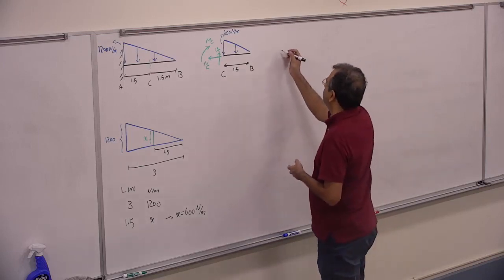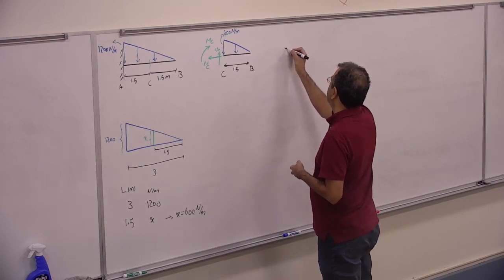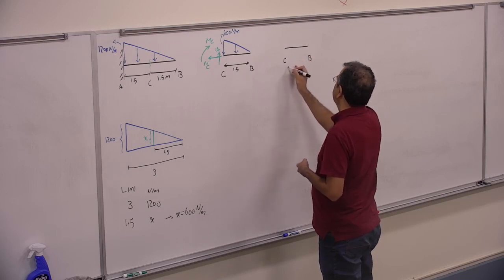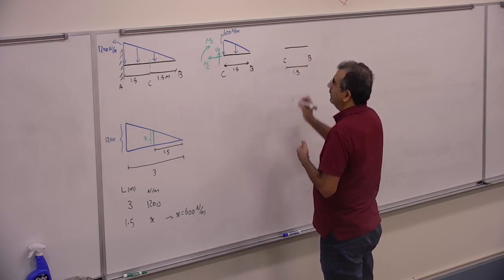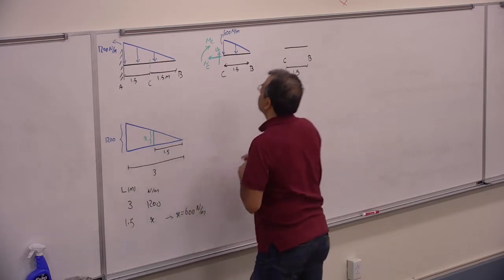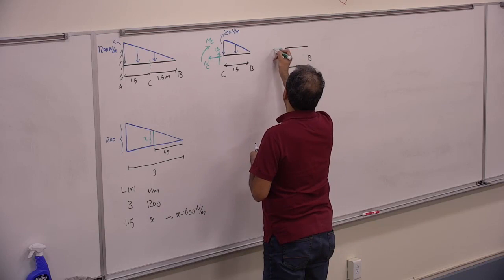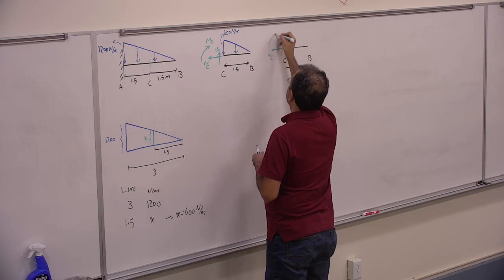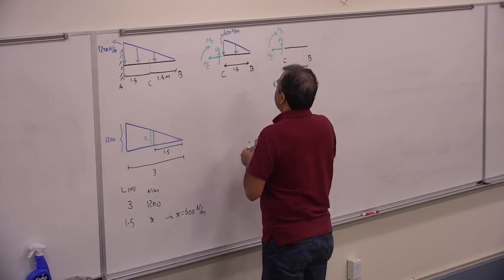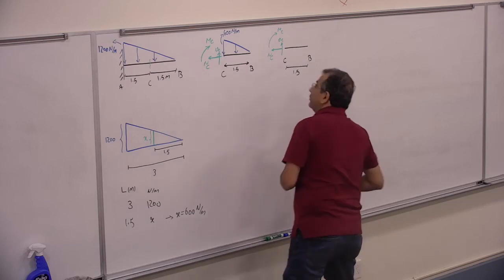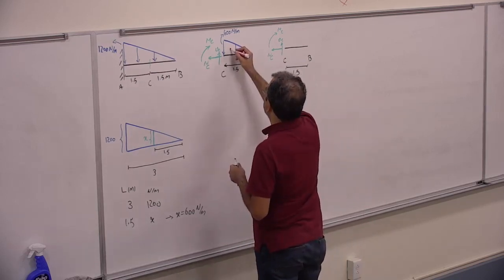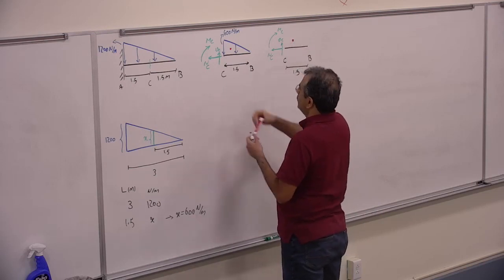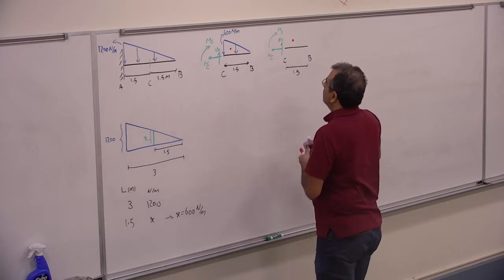So I have to redo that and say, okay, this is my B, that's the C, that's 1.5, and then I have this X and C. I know that it's going to pass through the centroid of that triangle.